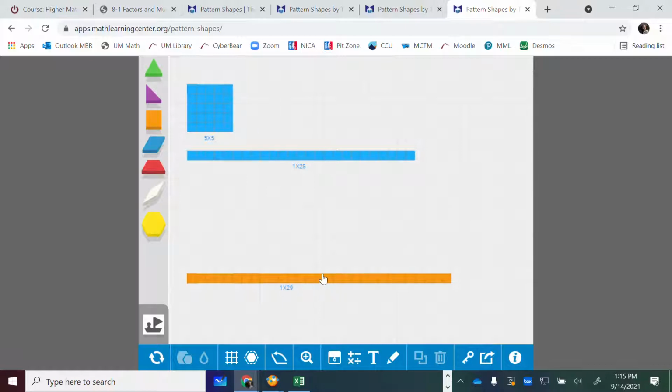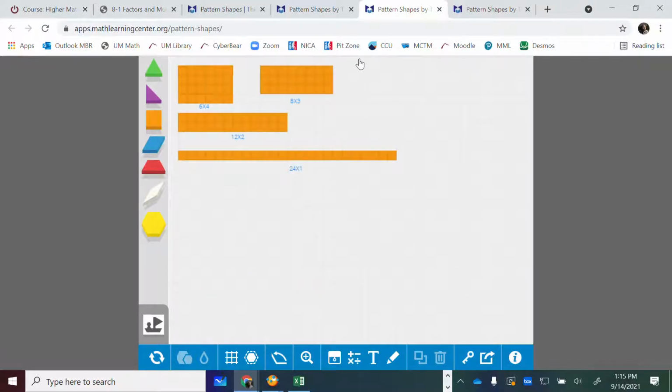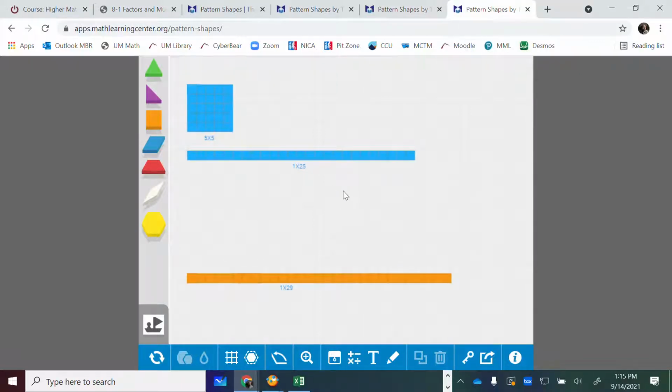And then it's also possible that some numbers, like 29, can only be written in one way. So it looks like 1 way, 2 ways, 8 ways are different possibilities when we make these numbers into rectangles. Sometimes you only get one possible rectangle.